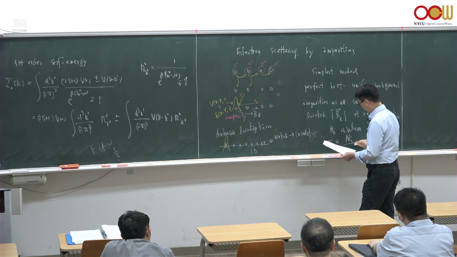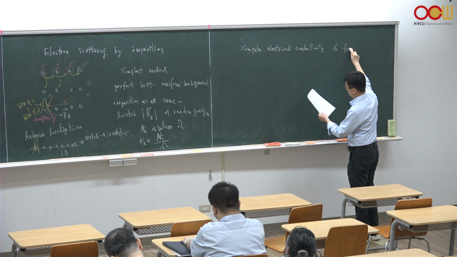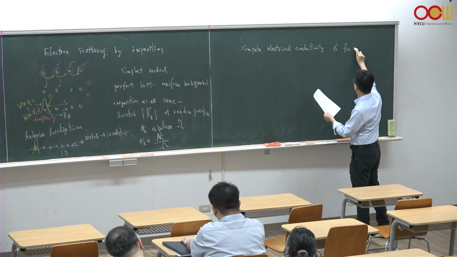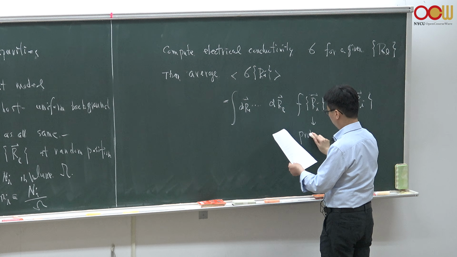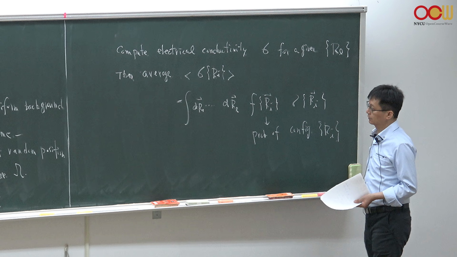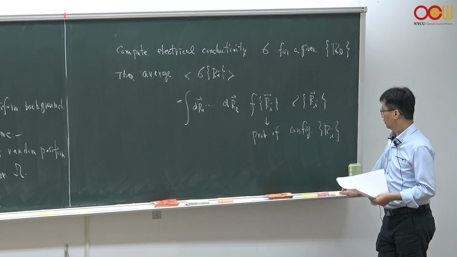So the job is to compute the electrical conductivity, which we call sigma, for a given configuration of random impurities. We need to take the disorder average of this sigma over the disordered impurity configurations, which is given by integrating over all possible impurity configurations with a probability. So f as a function of the impurity positions, capital R_i, represents the probability of finding such an impurity configuration.